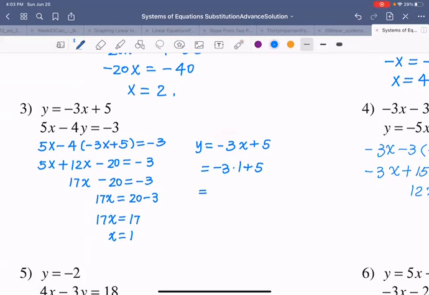How much? So y equals 2. That's 2, right?